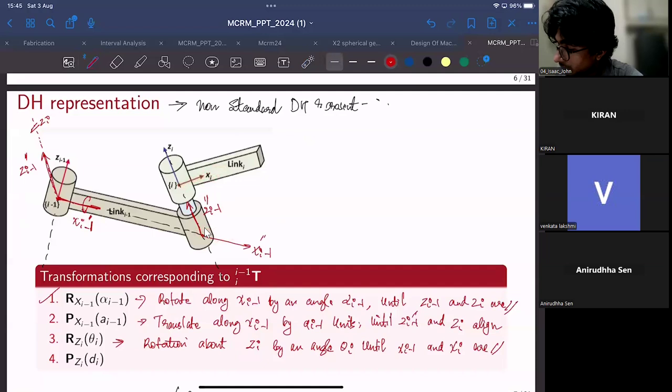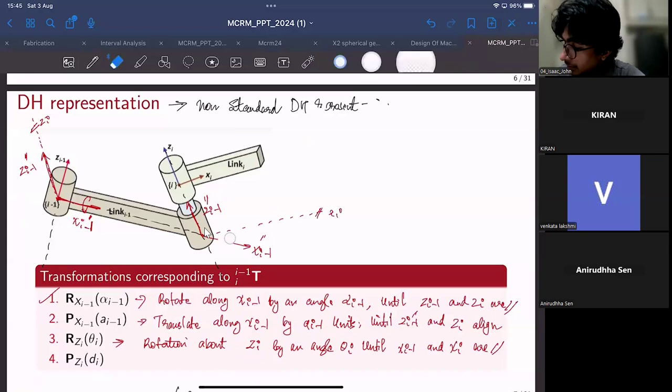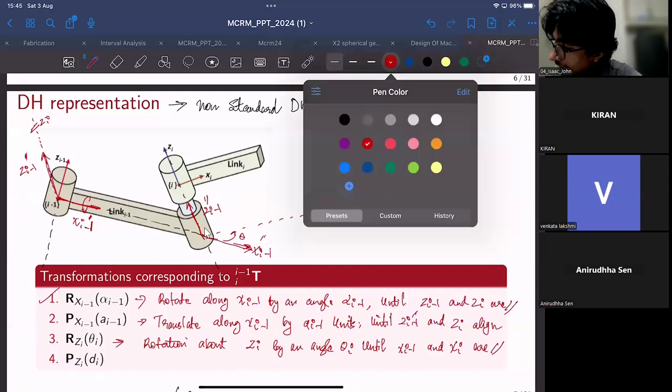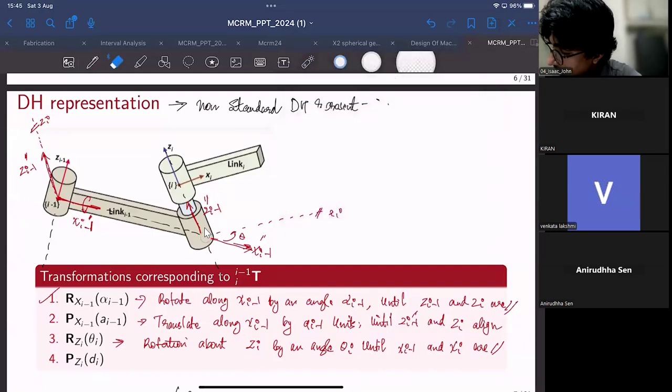So I'm drawing this parallel to x_i. This is parallel to x_i. Now if you rotate about z_i by an angle theta, what will you get? You will get the new x_i like this. So this would be your new x_{i-1}.